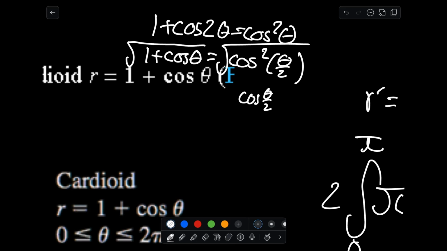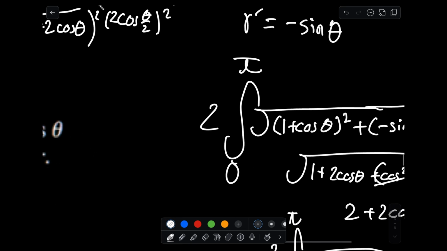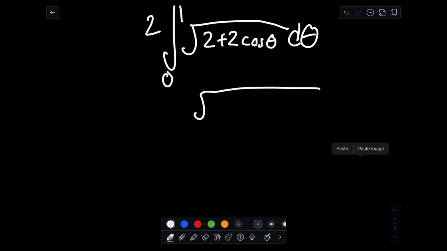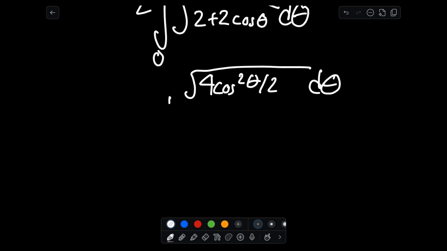And if we have 2 plus 2 cosine of theta, this is going to become 4 cosine, 2 cosine theta. And if you square it, it actually becomes 4 cosine squared theta over 2. Let me go right here. We can pull this right out. d theta.